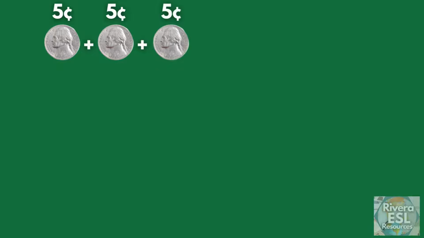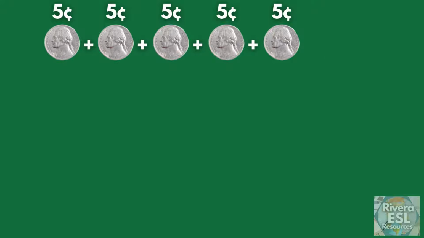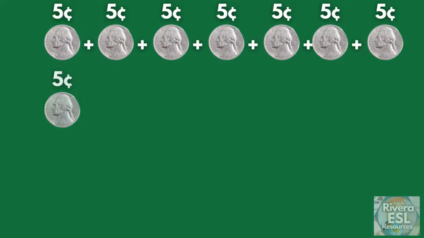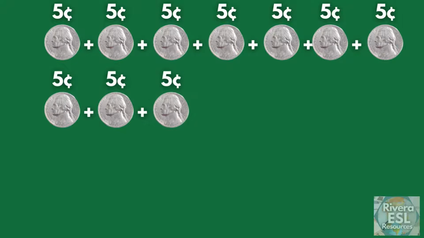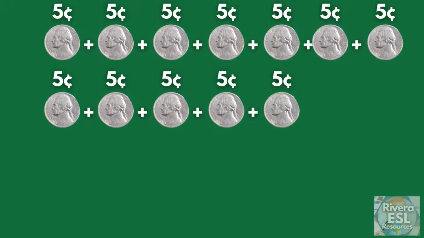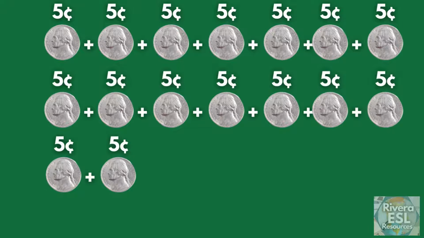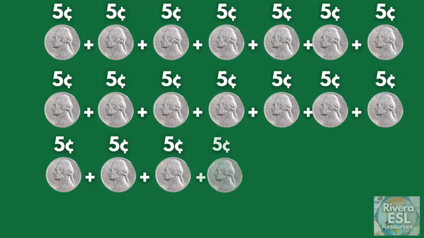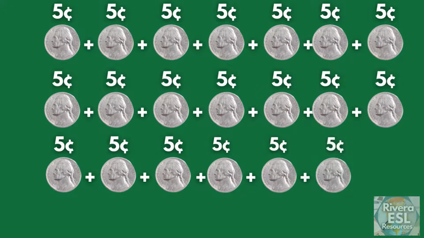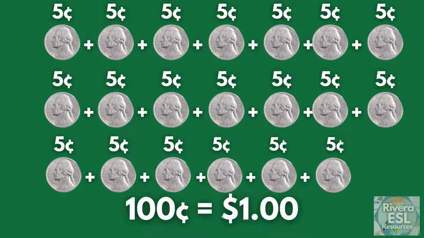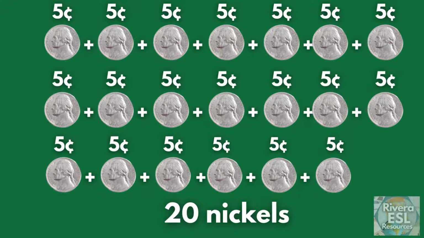We can count by fives to find the answer. 5, 10, 15, 20, 25, 30, 35, 40, 45, 50, 55, 60, 65, 70, 75, 80, 85, 90, 95, 100 cents, or $1. So that means we need 20 nickels to equal $1.